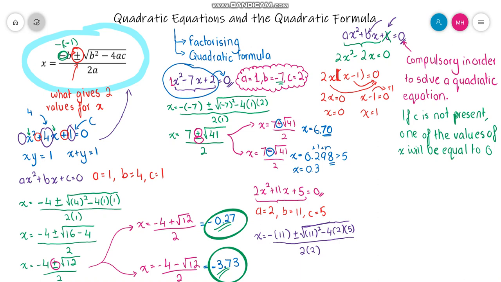Now when you simplify that, you get x is equal to negative 11 plus or minus the square root of 11 squared. 11 times 11 is 121.